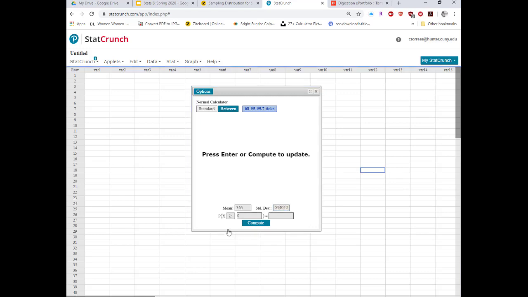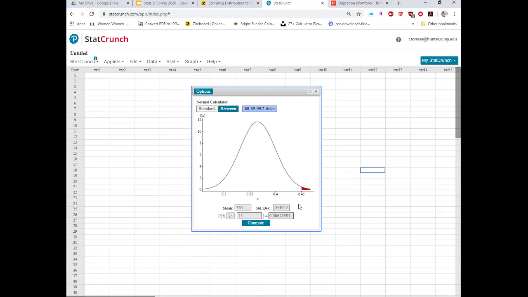We want to know the probability of more than 0.45 of people owning a dog, and the answer is, look at that tiny little bit. It's not even 1%. Very, very small possibility.